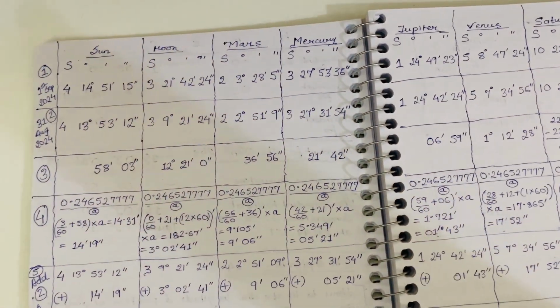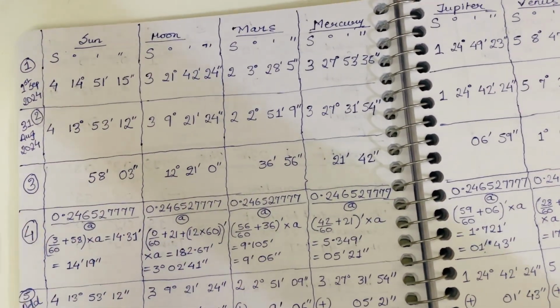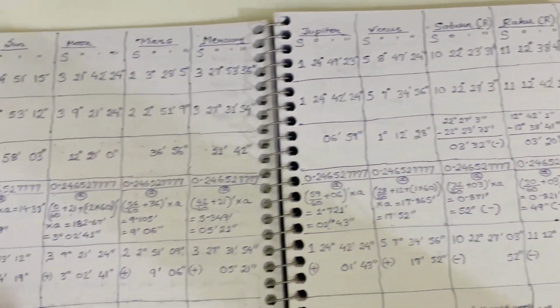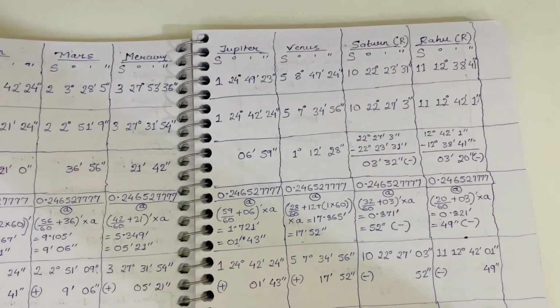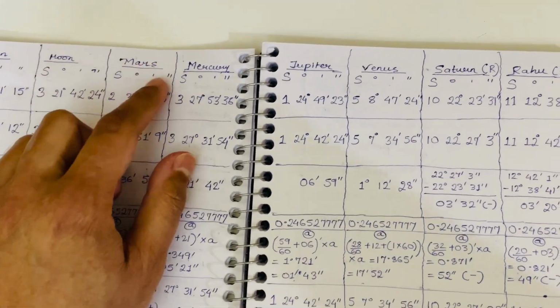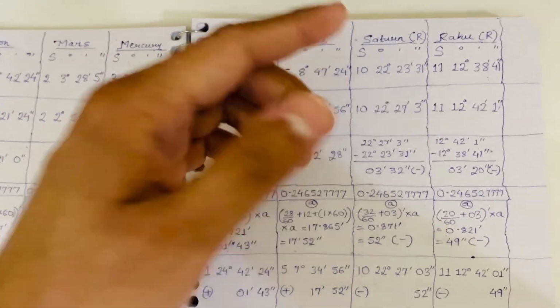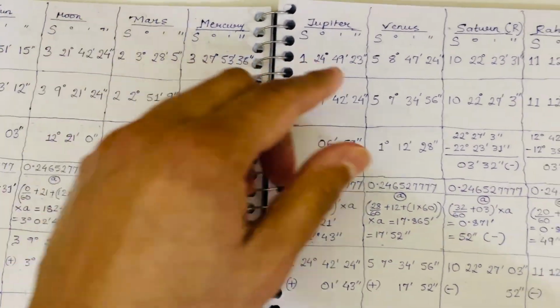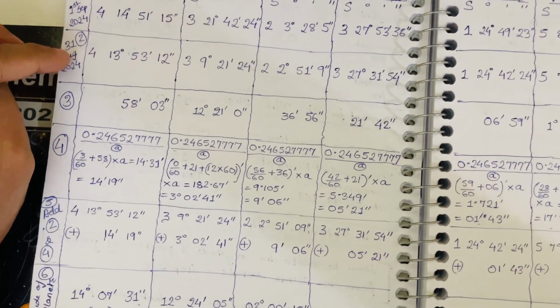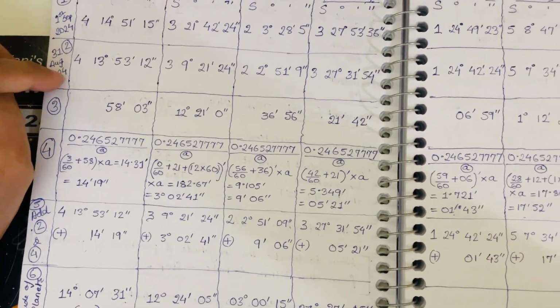The same mathematical calculation concept applies for all the 8 planets, from Sun to planet Rahu. For Sun, Moon, Mars, Mercury, Jupiter, Venus, these are all simple subtraction, because the 1st September 2024 value is bigger than the 31st August 2024 value.